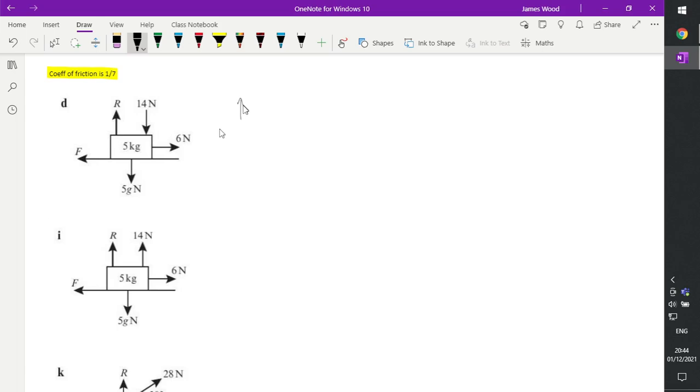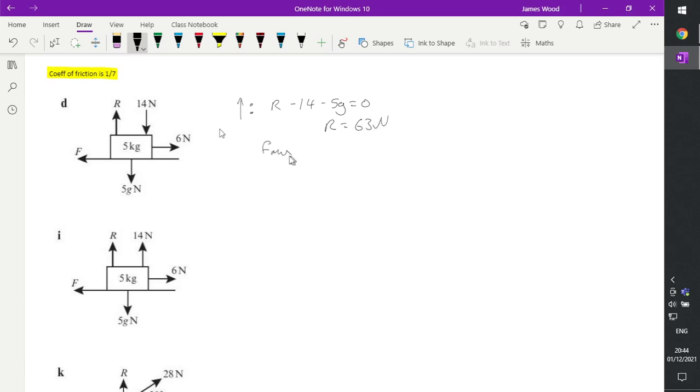So if I resolve vertically in this question, I'm going to have R minus 14 minus 5g equals 0 if we assume that the acceleration up and down is 0. So R is not just going to be 5g, R is going to be 5g plus 14. So that's 63 newtons.